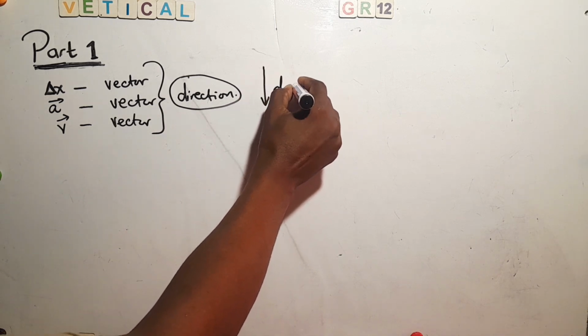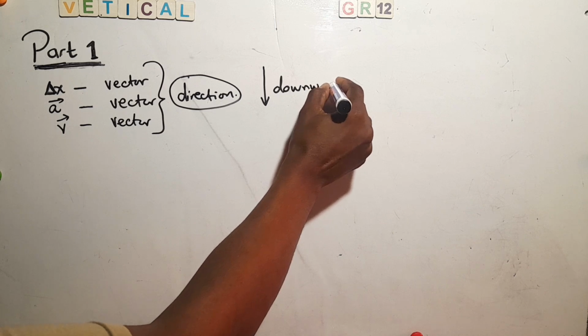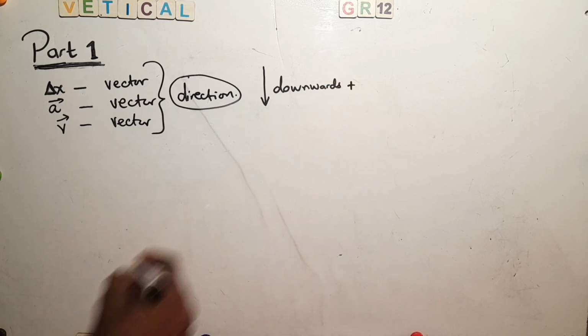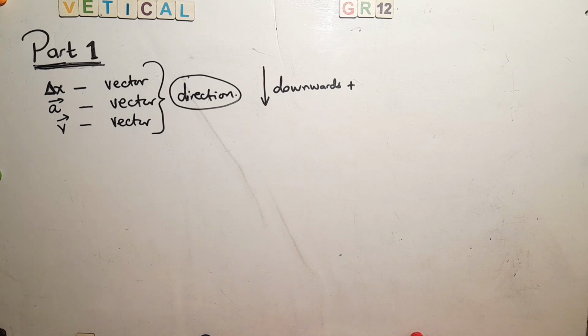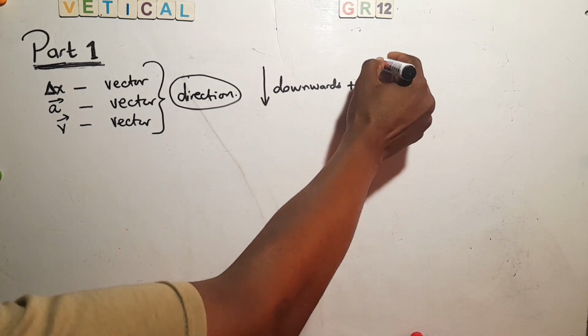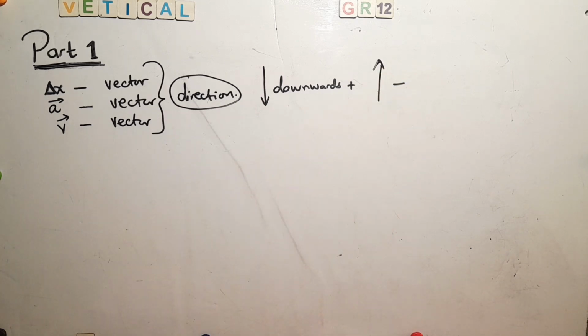So everything going downwards will become positive, and everything going upwards will become negative. So you need to choose the direction, and you need to stick to that direction throughout when you are working with vertical projectile. This is one of the important things to master.